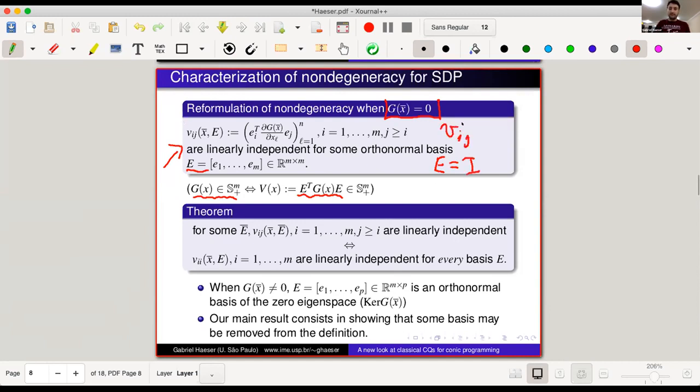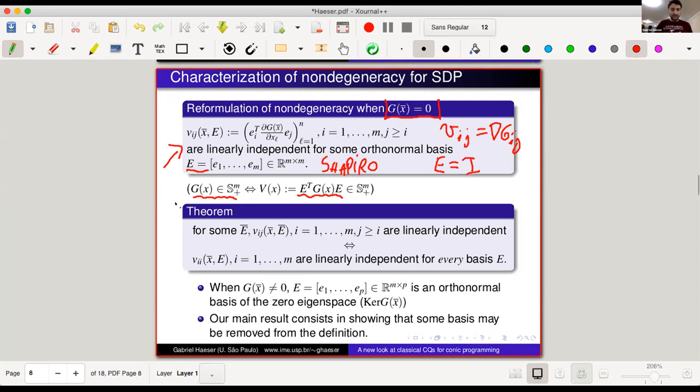In this case, Vij is simply the gradient of the constraints of each entry. But in general, you can write this non-degeneracy condition in terms of this basis matrix E. And this is a characterization done by Shapiro, where you talk about linear independence of these vectors Vij. And this is independent of the choice of basis matrix. If it holds for the identity, it will also hold for any other matrix.